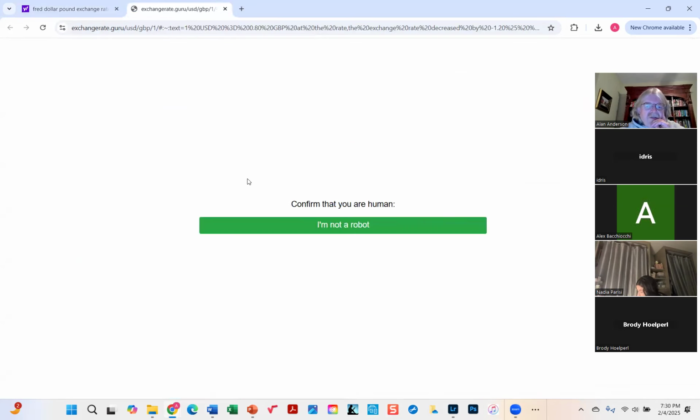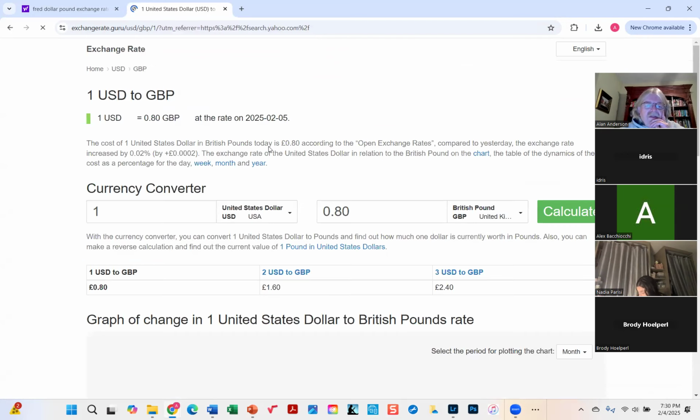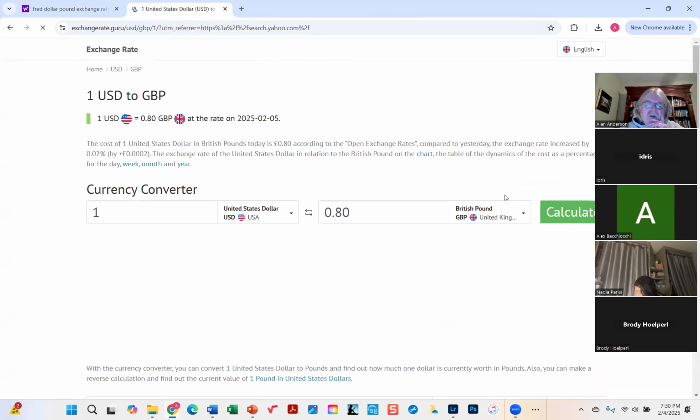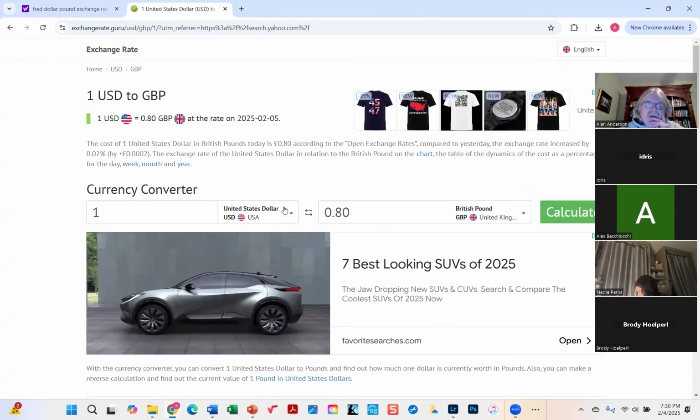Okay, this is Exchange Rate Guru. I don't know them, but let's see what they have. Oh, I see. What they've done here is they've given us an exchange rate quote. It's dollars. This is actually pounds per dollar. Okay, that's kind of awkward to deal with.